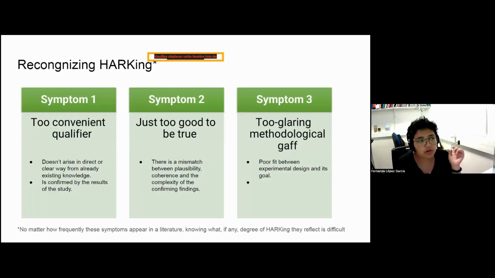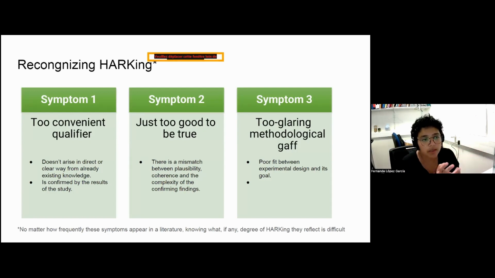And how can we recognize HARKing in different papers? Well, I have to say that even though these are the journal symptoms of HARKing, it's not foolproof. So you can find this and the paper is not HARKing. So it's a little bit tricky. But the first symptom is that one of the variables you choose to report is a too convenient qualifier and it doesn't take into account any other variables.